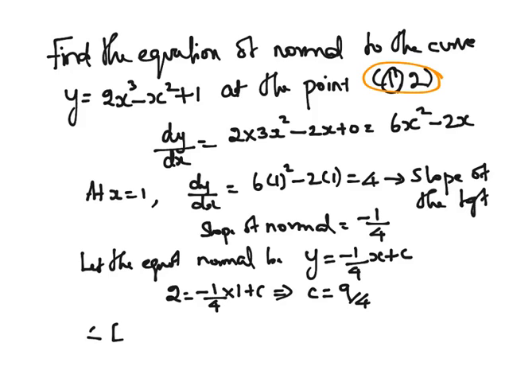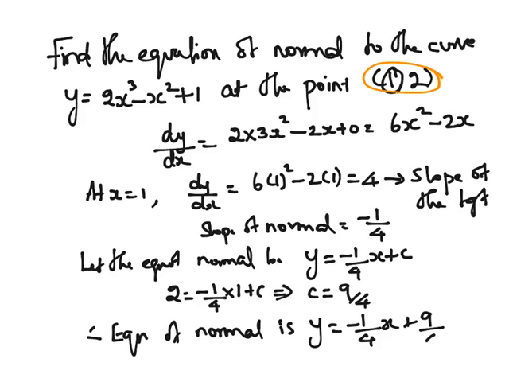So finally, the equation of the normal is y equals minus 1 by 4 x plus 9 by 4. It can also be written as 4y equal to minus x plus 9. This is the equation of the normal to the given curve at the point (1, 2).